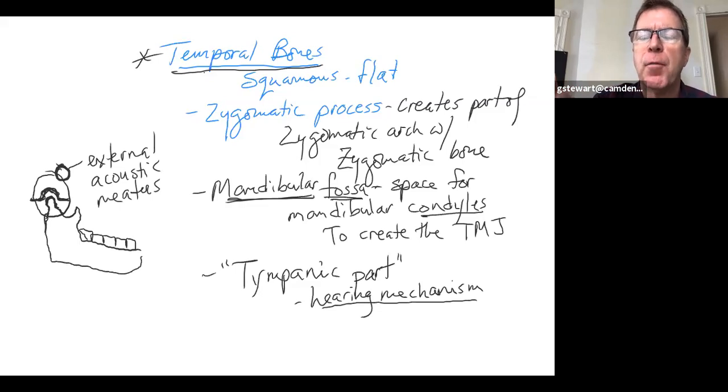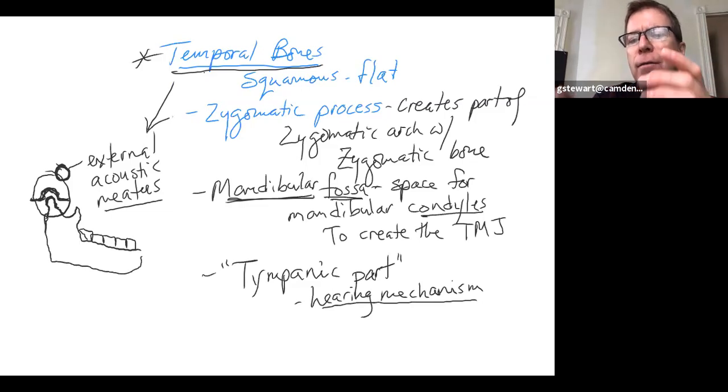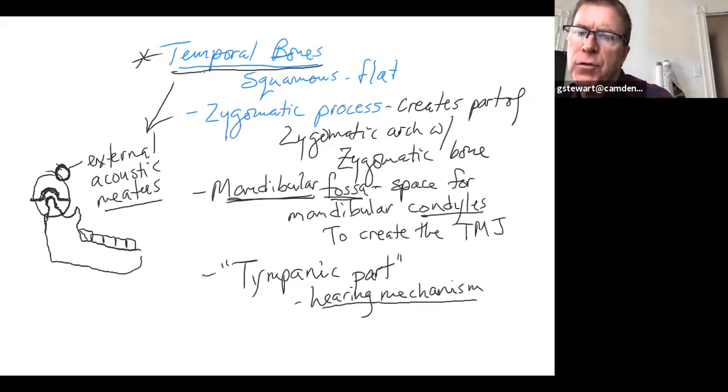It's a hole, but it's not really a hole that goes all the way through a bone. It's an invagination or a canal that's created in the bone itself. The external acoustic meatus is in the temporal bone, and just think of it as the ear hole. It's where sound waves get guided inward so that they get converted to vibrations so that we can hear.